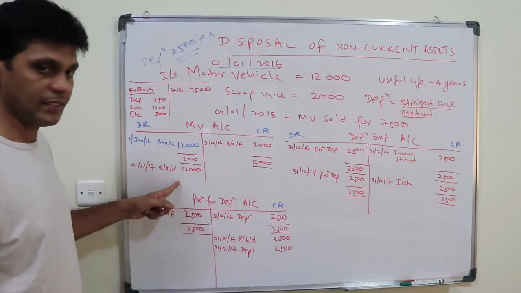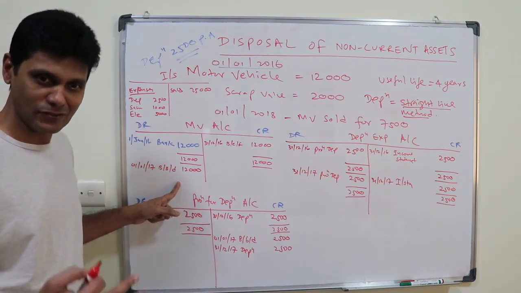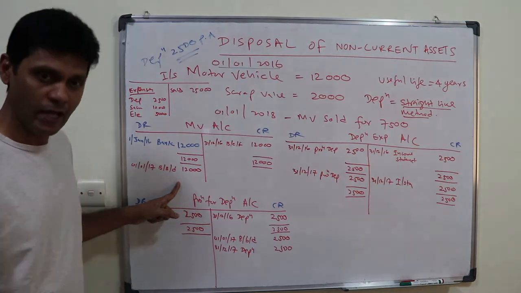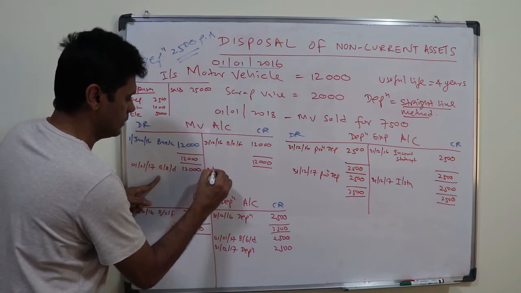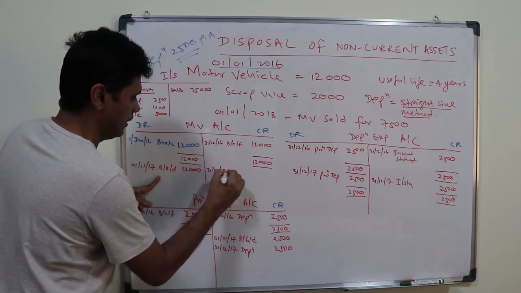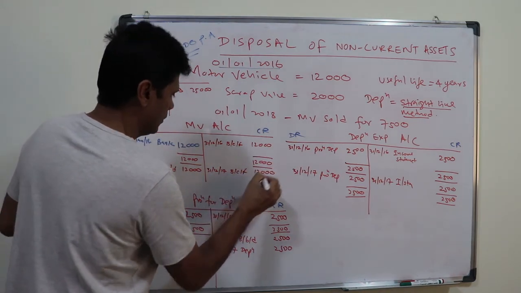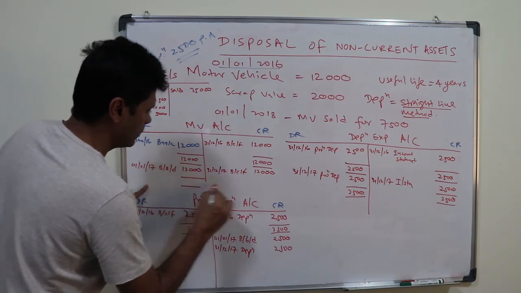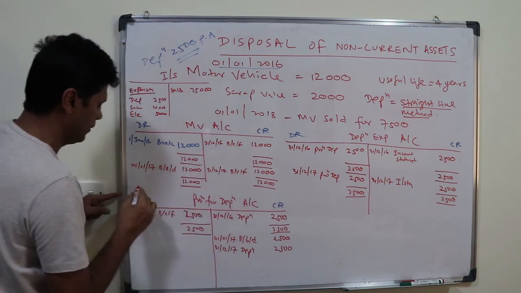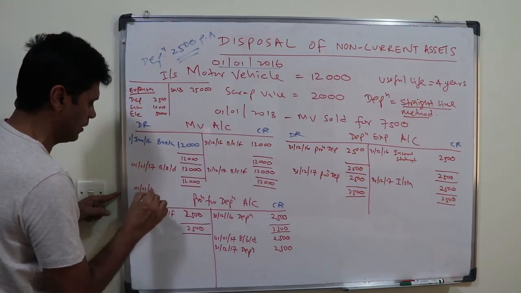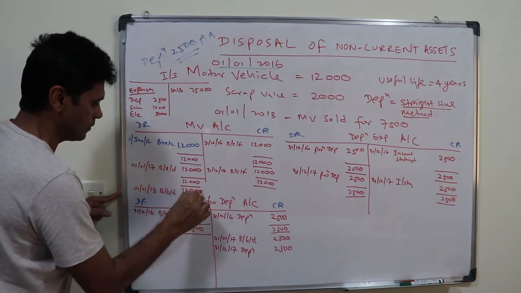Then the asset account: you did not sell the asset, so you need to carry it forward. As long as your asset is in the business, you have to carry it forward to the next financial year. So 31st December 2017, balance carried forward 12,000. Balance this account. Then the next financial year 2018, balance brought down 12,000.